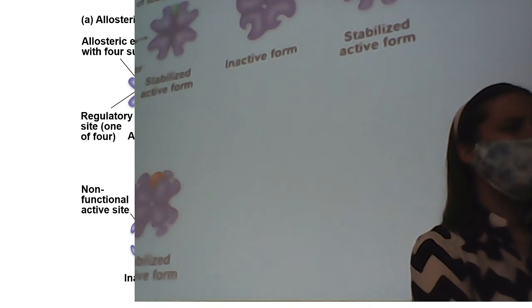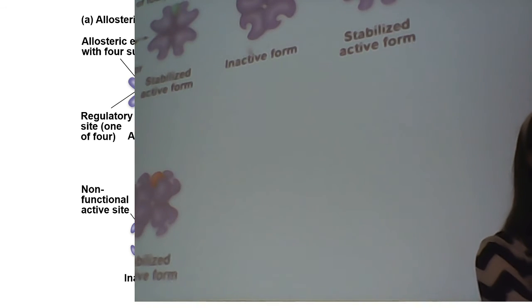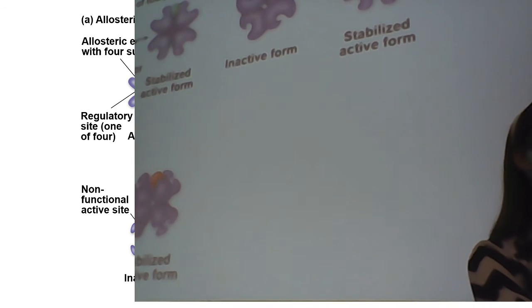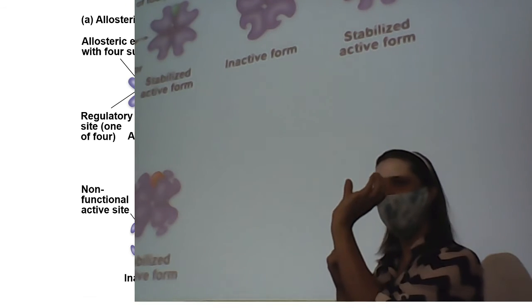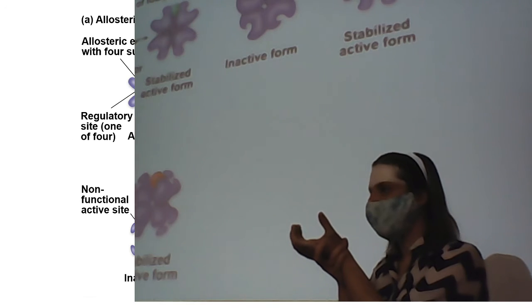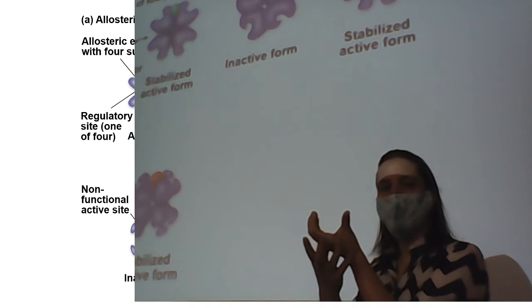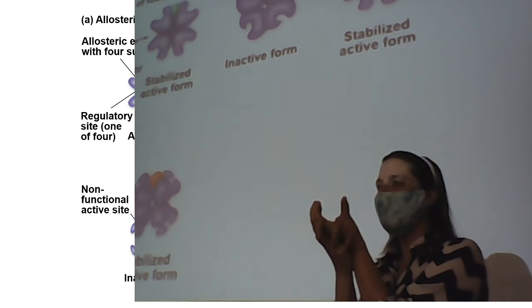So an allosteric activator, something that's going to encourage that, is going to be something like this little green blob here that stabilizes this enzyme to hold the active site in the on position, right? There's a shape that works really well for the substrate. It's going to help hold it on.